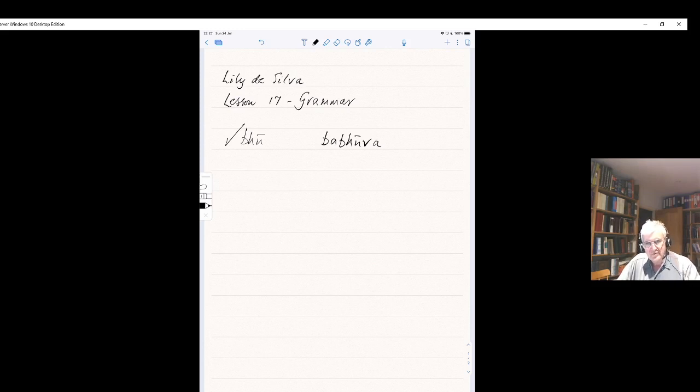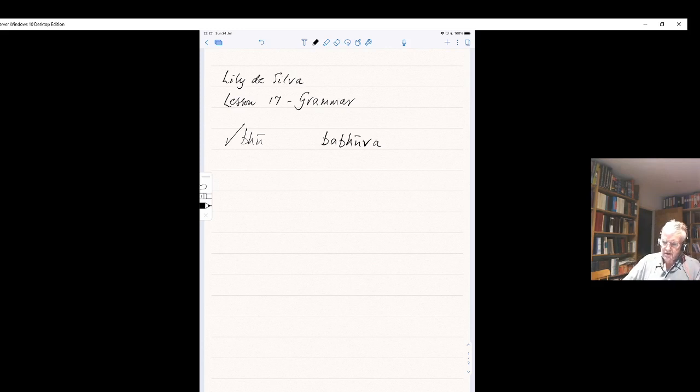So it's because of the formal similarities between the Sanskrit aorist and the Greek aorist that it was called the aorist. And you'll find in most grammars, Lily de Silva doesn't use the word, but in most grammars, the word aorist is used for this tense.